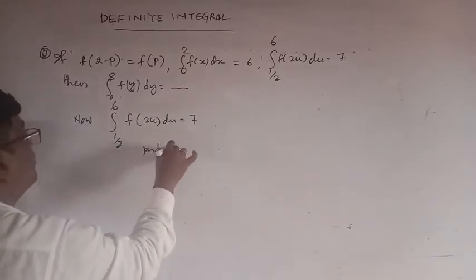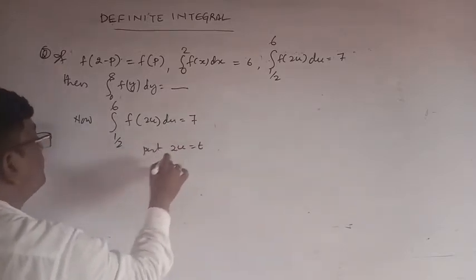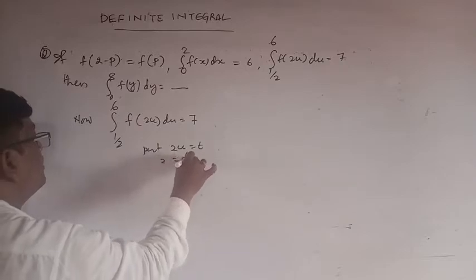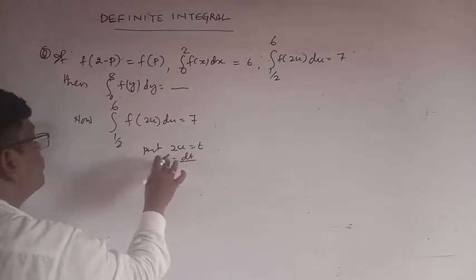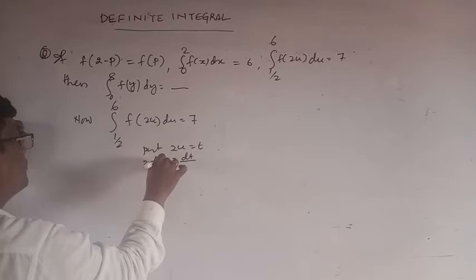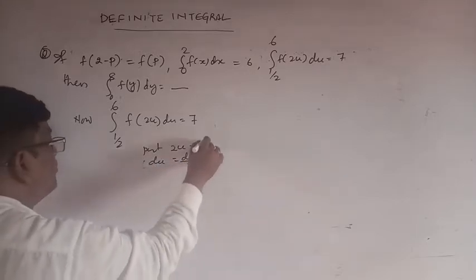Put 2u equal to t, so 2 du equals dt, du equals dt by 2.